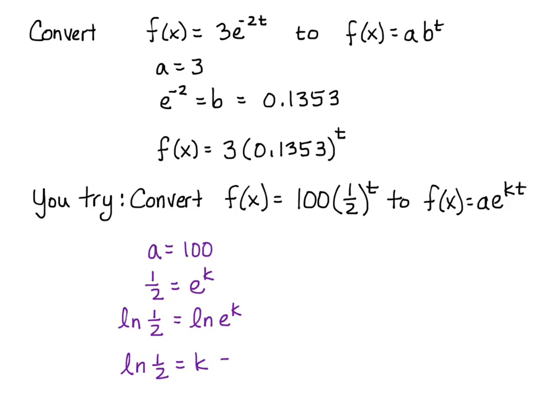The log of 1/2 equals k. Now notice that numerically it is exactly the same as the log of 2, it's just negative, right? And that's no coincidence. The log of 2 is minus the log of 1/2. So reciprocals, there's a little thing in here, we'll get to the formal rule on that, but when you take the log of a reciprocal, you get the negative version of the original number.